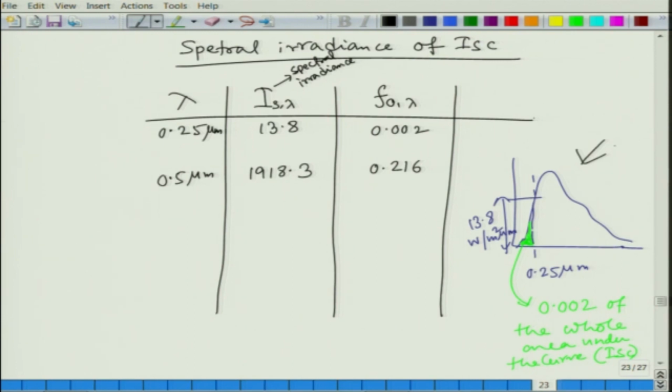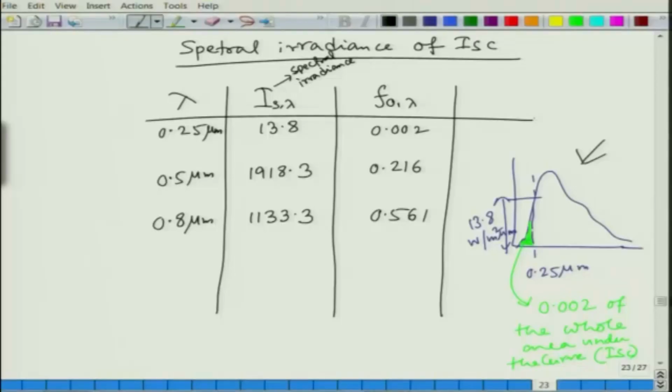Another value let us take at 0.8 micrometer, we have 1133.3 and this is 0.561. So, you can see that by 0.8 micrometer we have covered more than 50% of the total energy that is coming in, okay, total ISC. Okay. So, that is how we often measure the spectral irradiance outside the atmosphere.